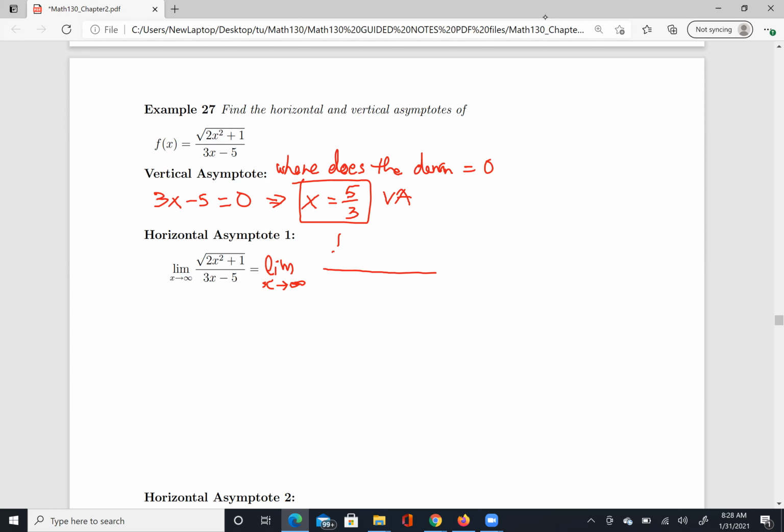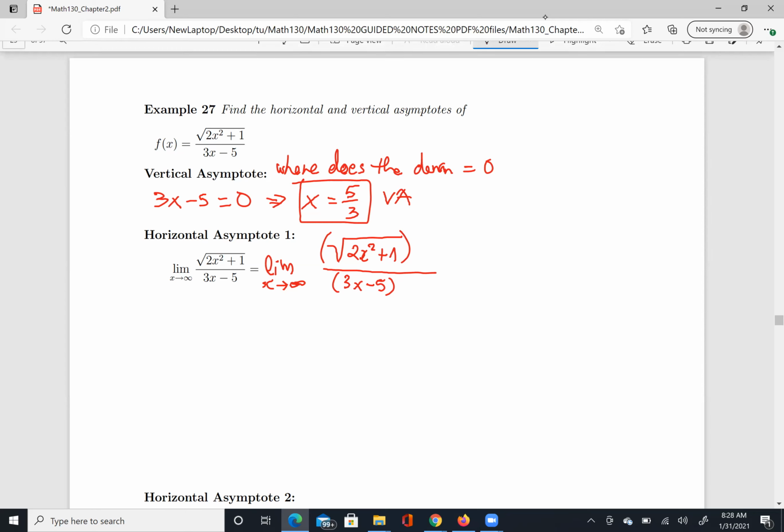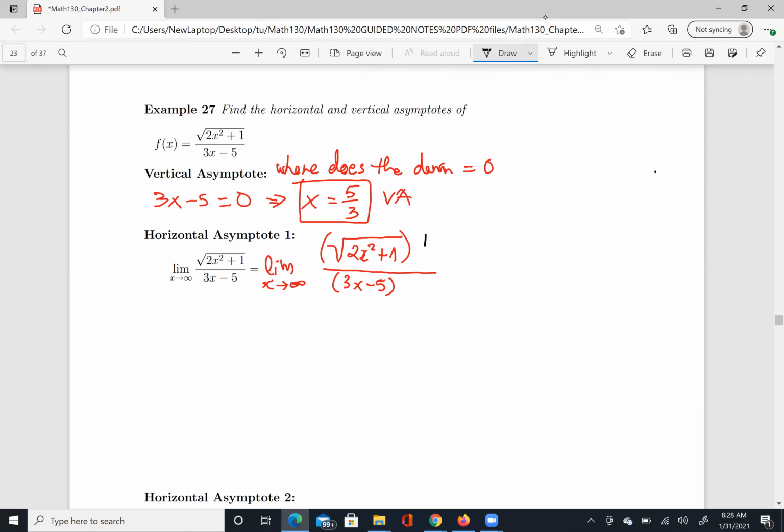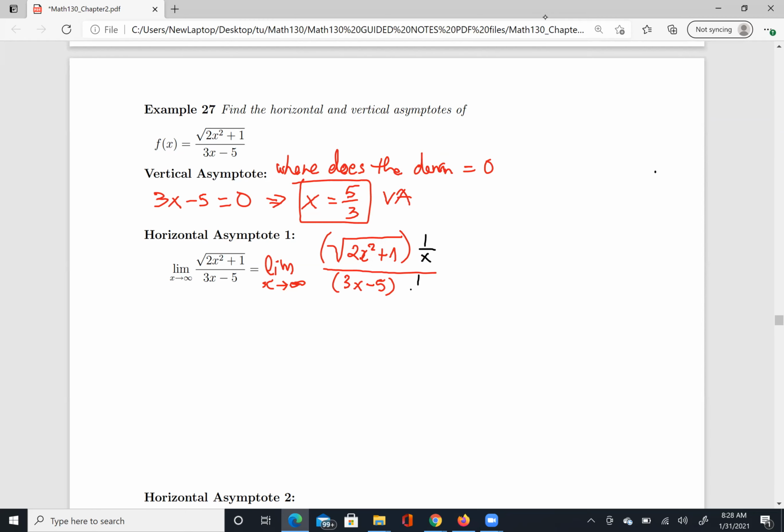So you're going to multiply that by 1/x. No, let me write it first. 2x squared plus 1, right? And then this one is 3x minus 5, right? Let me have a parenthesis here. So what you do is you're going to multiply it by 1/x for both top and bottom.